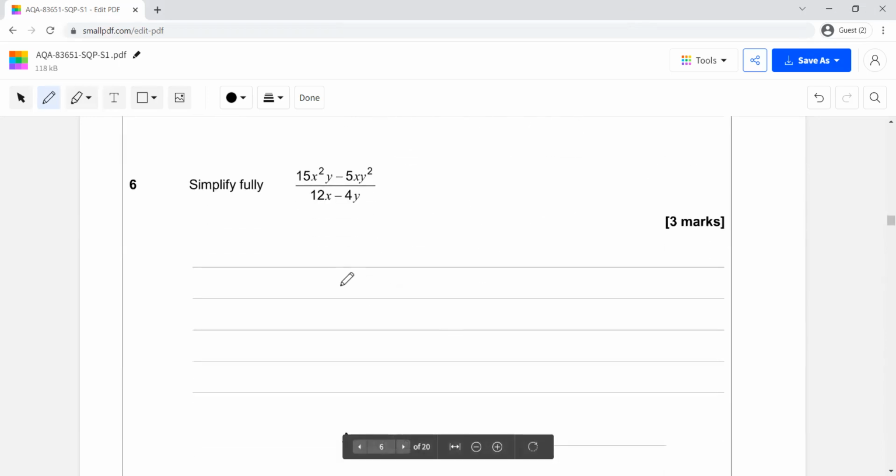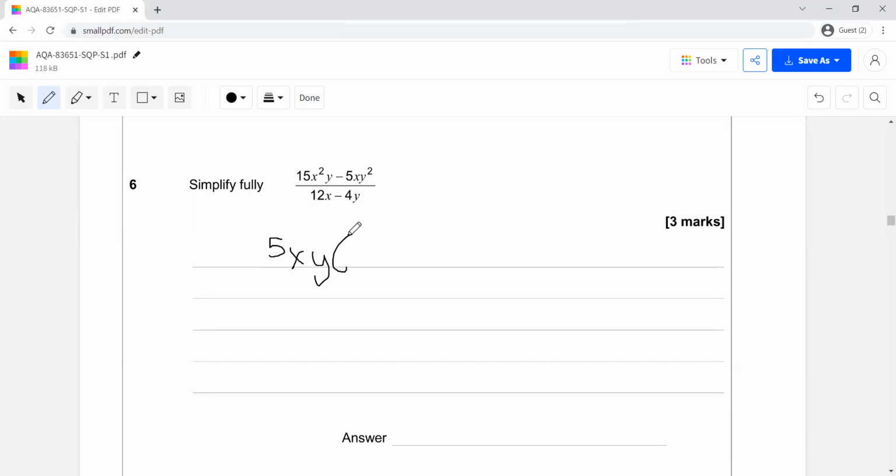Question 6, simplify fully. 15x squared minus 5xy squared over 12x minus 4y. So we can factorize the numerator. You can see 5 is a common factor and so is xy.